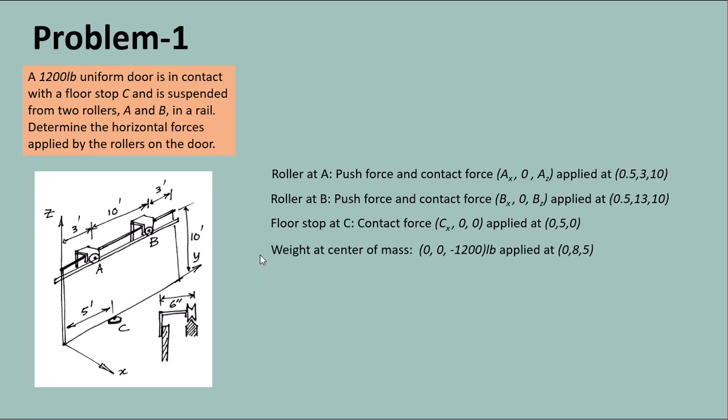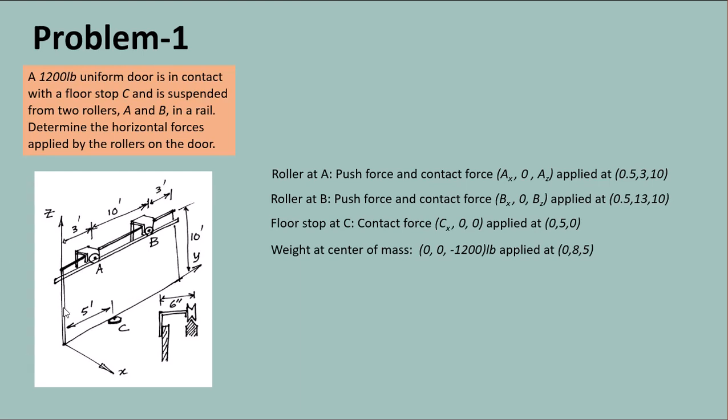The weight is at the center of mass. The weight of 1200 pounds is acting downward. Hence, the Z component of the weight is negative 1200 pounds, and it's applied through the midpoint of the door. The door is 3 feet plus 10 feet plus 3 feet, 16 feet wide.